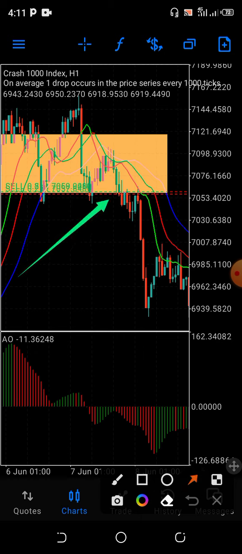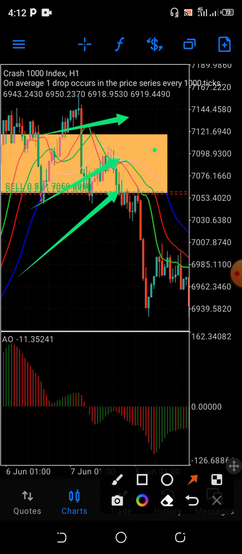And when I entered it, I didn't have any fear, because the possible place I should put my stop loss is somewhere here. You get that? This is where I should put my stop loss if I have huge capital. If I don't have capital, the stop loss should be somewhere here. Please get that.